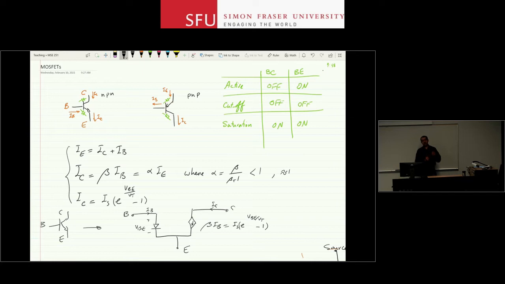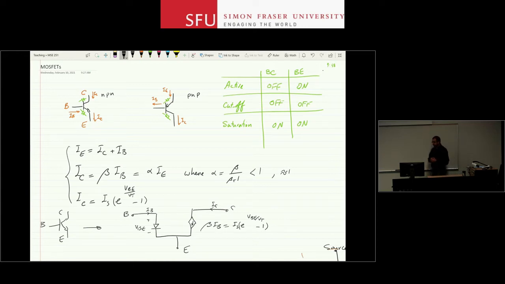Now, the issue is, how do we know? There are actually four possible operating regions, but for analog circuit analysis, especially in practice, normally an active region of operation is a good starting point. That's where we keep most of the transistors in analog circuits. But that, at the end of the story, needs to be verified.